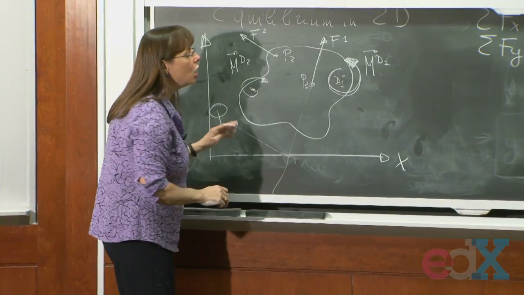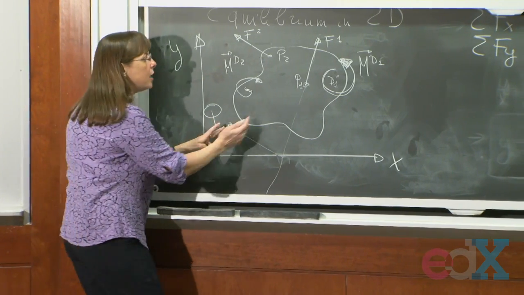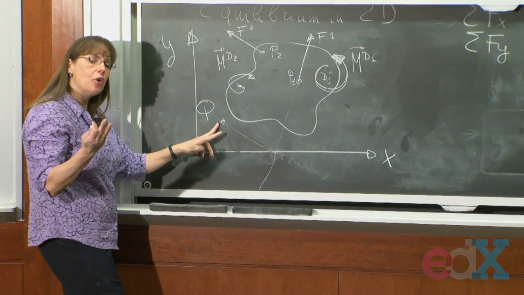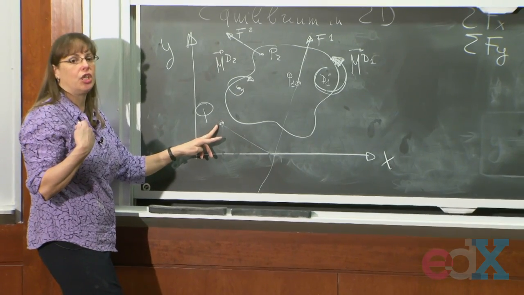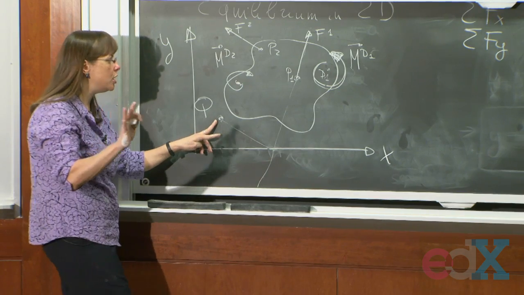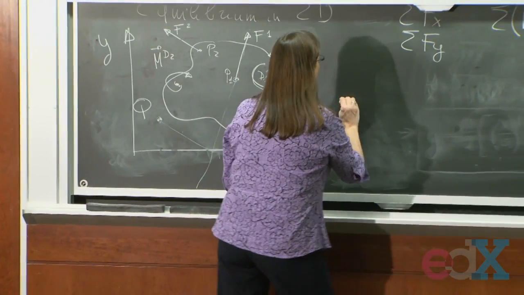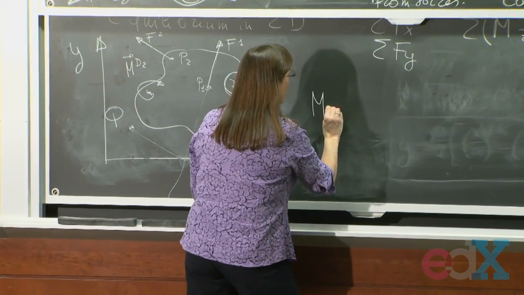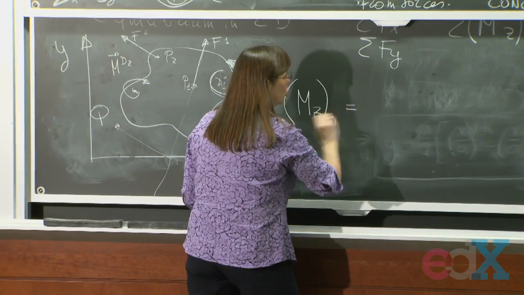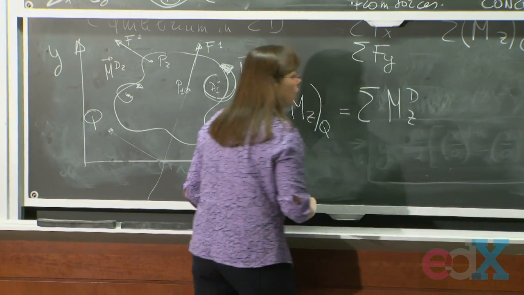Negative, fantastic. Now, to do the moment of the forces, to sum up into that equation, one way is to just figure out the force, the arm, and like that. If it gets complicated, I like it when you use just Cartesian components of things, because you split things up and life gets so much easier. So I can write the moment z with respect to point Q is going to be equal to the sum of all the z components of the concentrated moments.